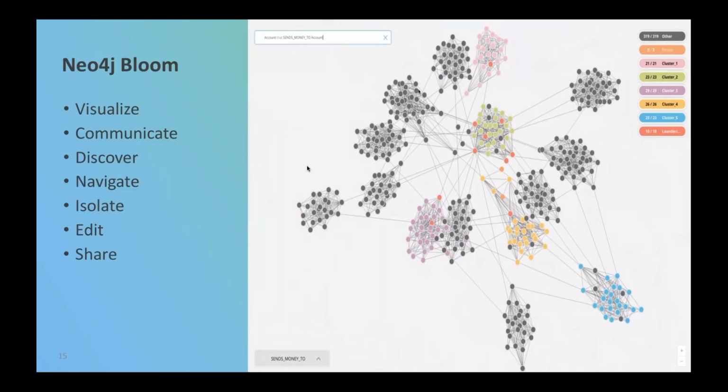We've got another product called Neo4j Bloom, which is designed for end users who don't want to invest the time in learning Neo4j, but do want to get straight in and start exploring the data and running the algorithms. It has a kind of natural language interface, which means that you can make a lot of progress very quickly.